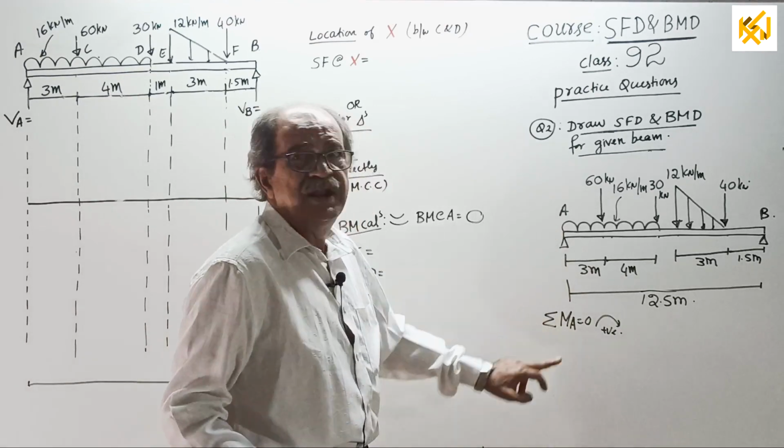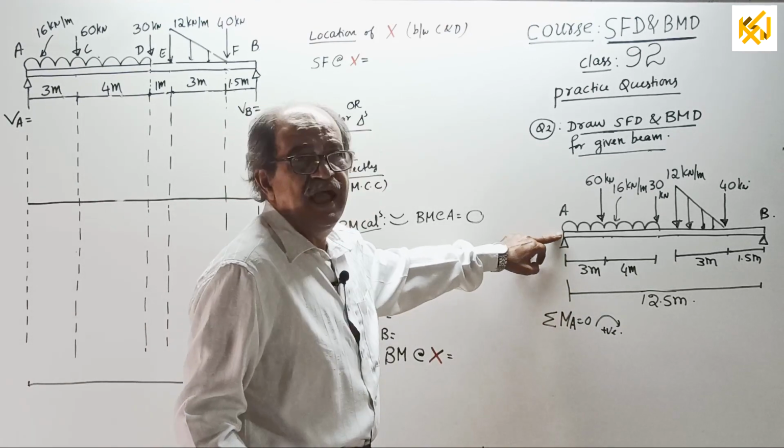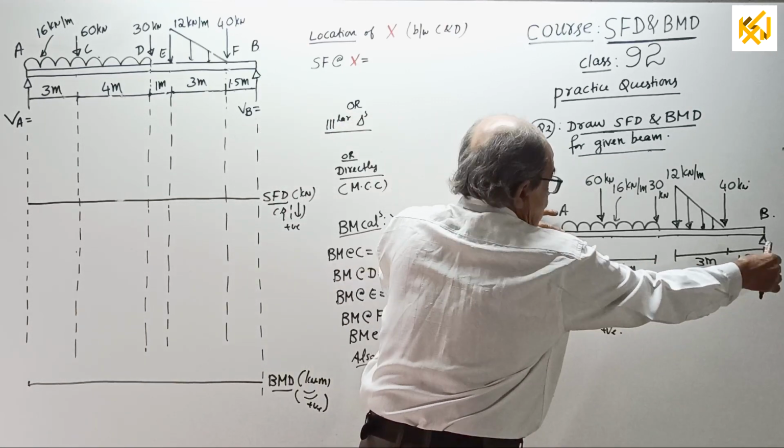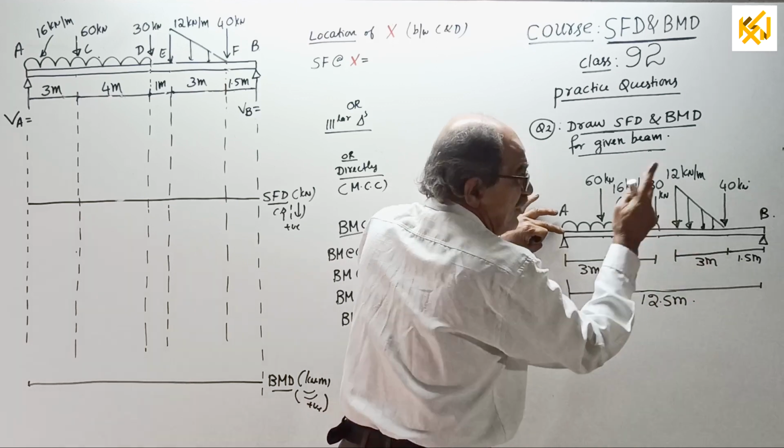As usual, I will write the important steps. While finding reactions, take moment about A: sigma M about A equals 0. You have to draw one more sketch and mark VA and VB.